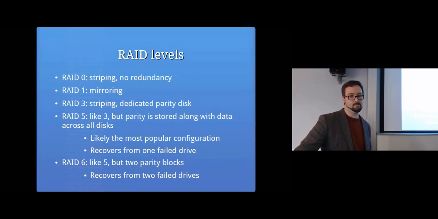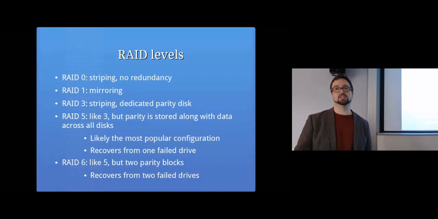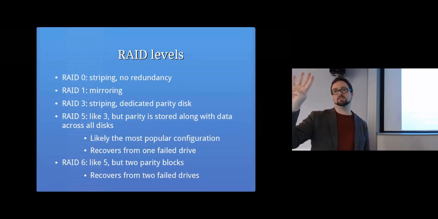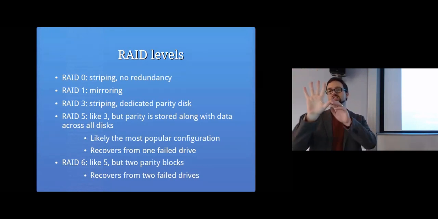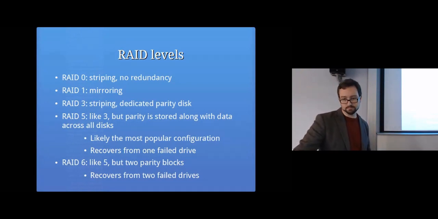It's probably the most popular configuration, and it means that if one of your hard drives dies, you still get all of your data. You don't lose any data. If you've got 5 hard drives, you've got 4 hard drives' worth of space, because the rest of it is used for parity across the disks. So yeah, it's quite good.